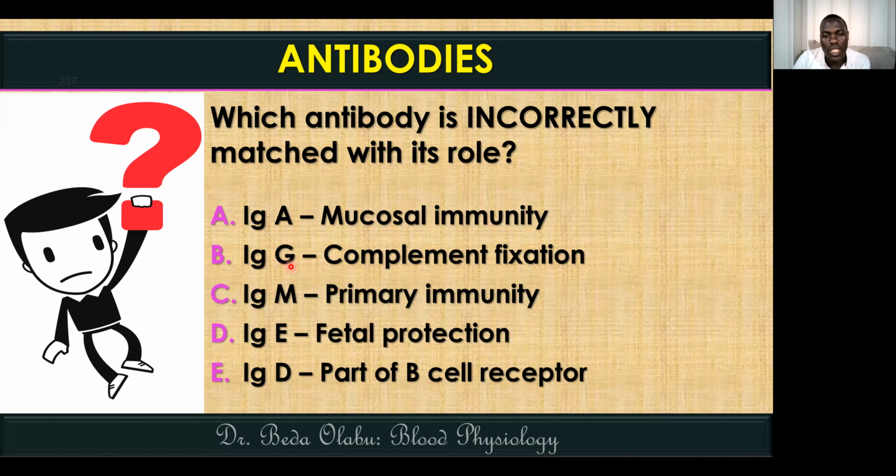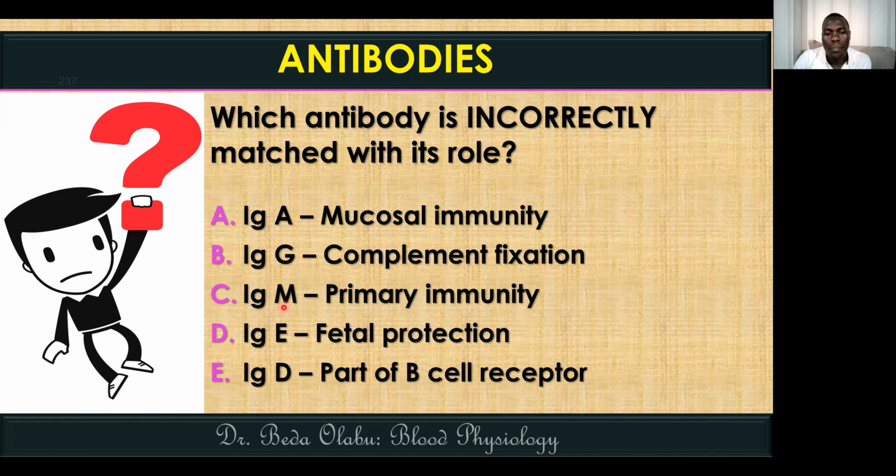It is an opsonin. It causes opsonization. Opsonization is to make something more palatable for phagocytosis. So immunoglobulin G does that. Immunoglobulin G is also the only antibody actually that crosses the placenta, which means that although produced by the mother, immunoglobulin G is able to offer fetal protection.